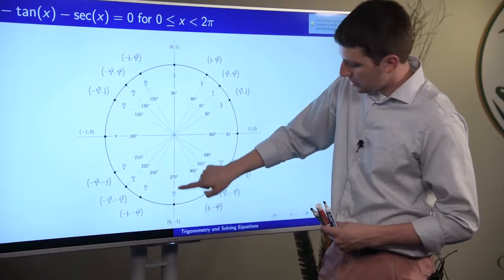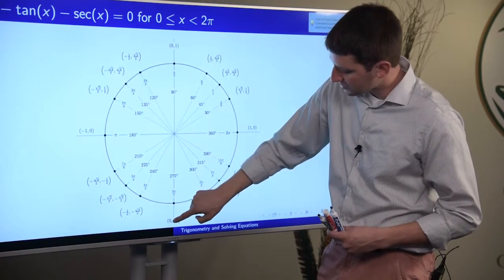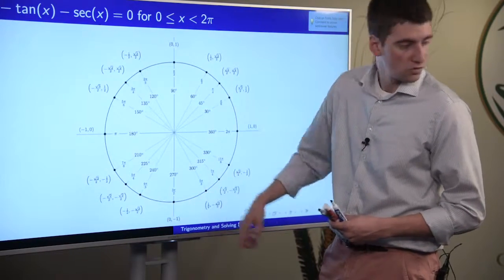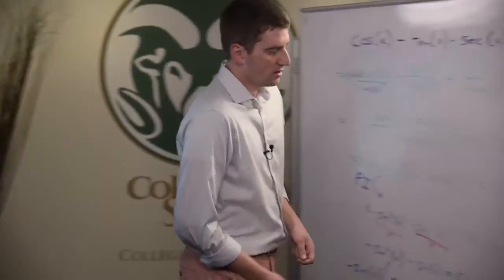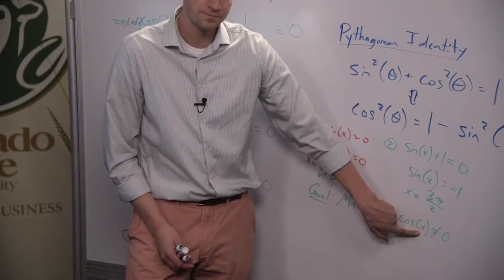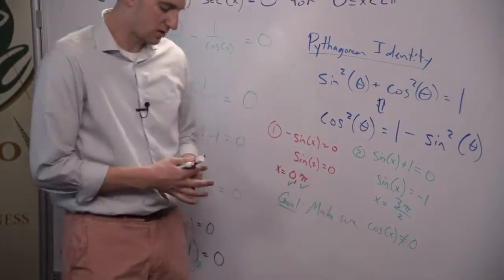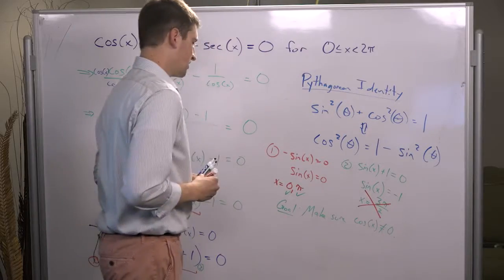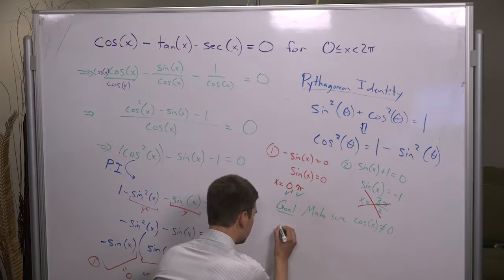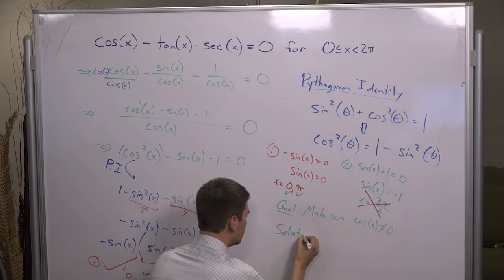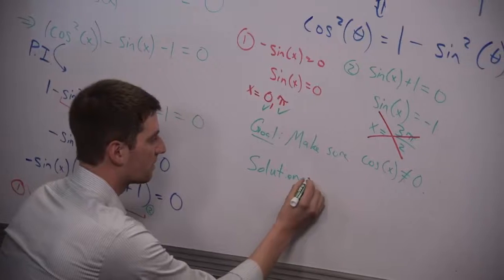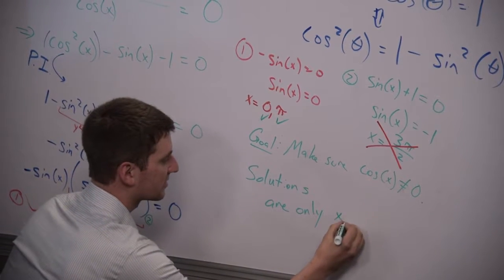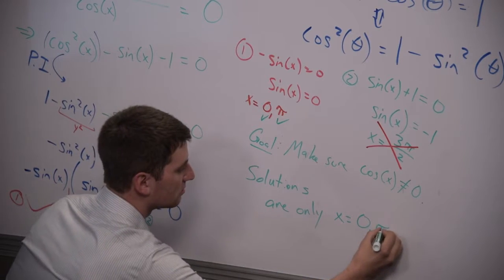Here it is right here. And we're looking for cosine, so we're looking for the x-coordinate. Uh-oh, that's a 0. So we were specifically saying that cosine of x could not be 0. So cosine of 3 pi over 2 is 0, so that cannot be a solution. So actually, our solutions to the above equation are only x equals 0 or pi.